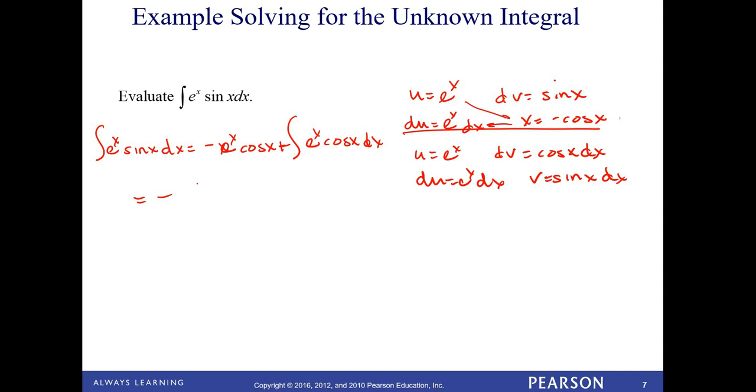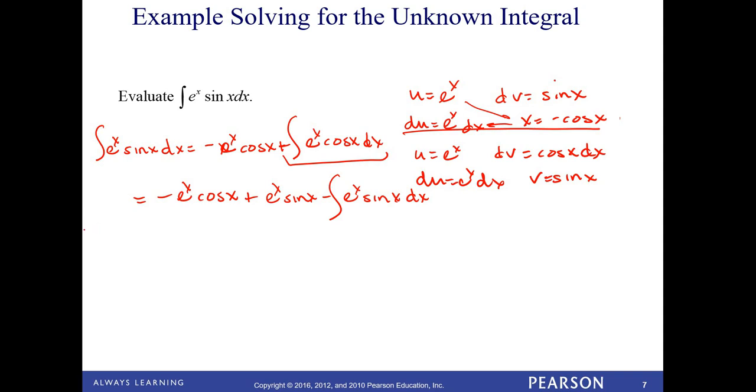I'm going to recopy what I got the first time using my integration by parts for this. u times v, e to the x sine x, minus the integral of e to the x sine x dx.